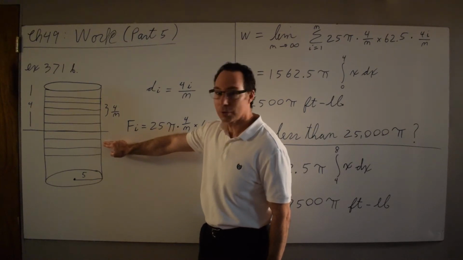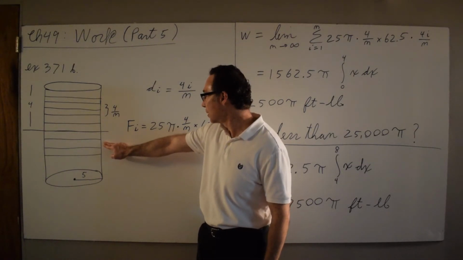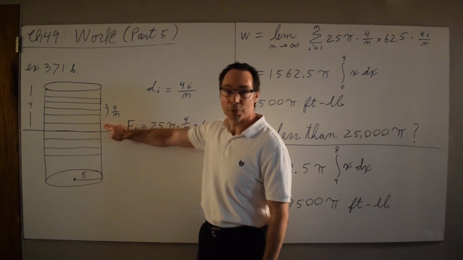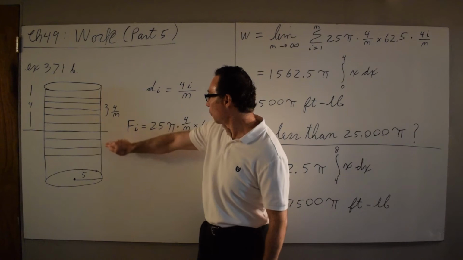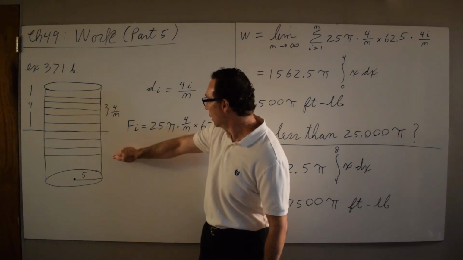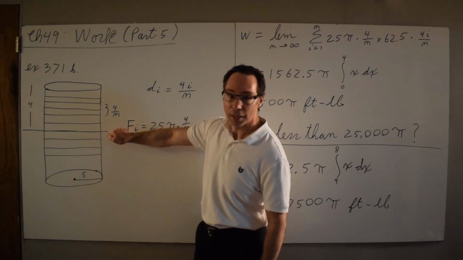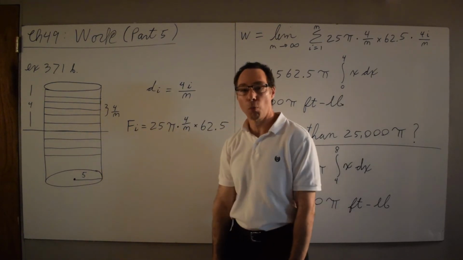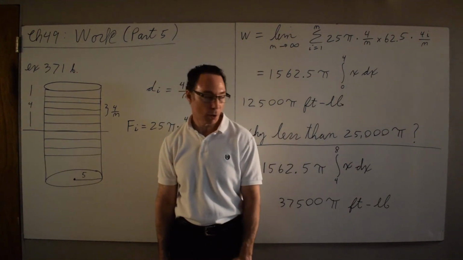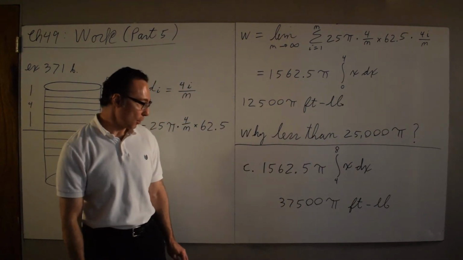So this slice, now we're emptying the bottom half of the tank. So I said, okay, we'll take 1 step to get to here plus 4 more feet. Then we'll take 2 steps to get to here plus 4 more feet. We'll take i steps here to get to this point and then plus 4 more feet. And so we set the integral up from 0 to 4 of something.